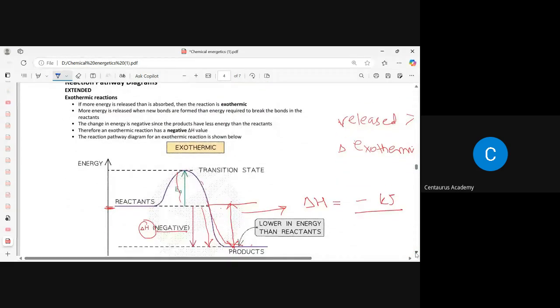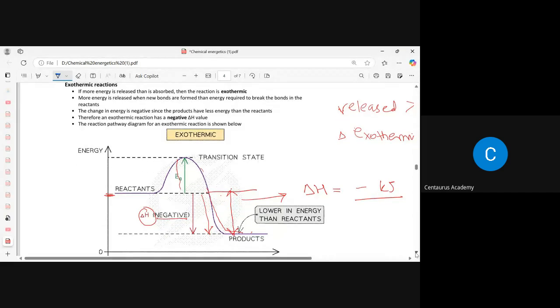Reaction profile diagrams are graphical representations of exothermic and endothermic reactions. They tell you the energies of the reactants and the products, which lie on the y-axis, against the progression of the reaction. Supposing the reactants have greater energy as compared to the products.